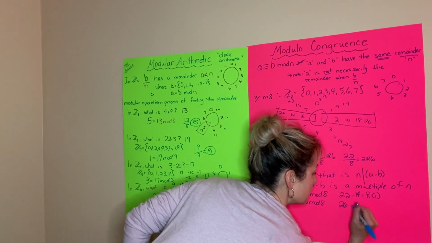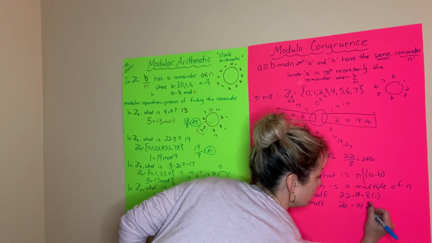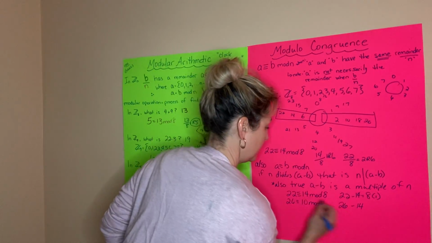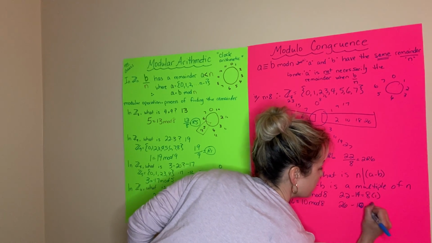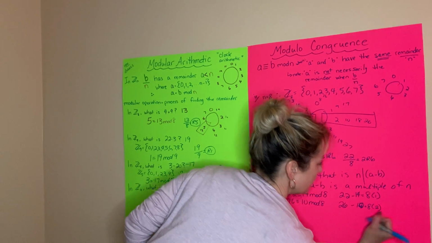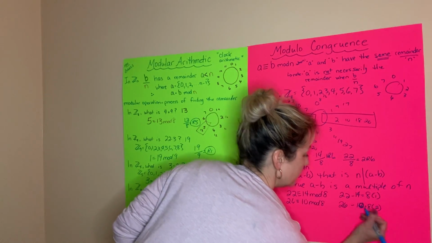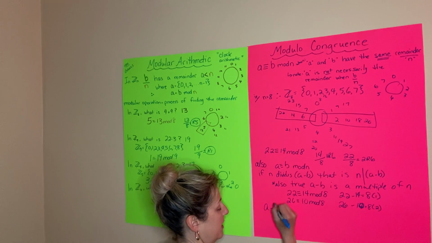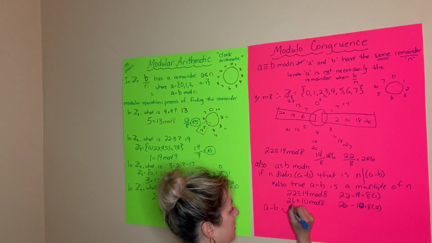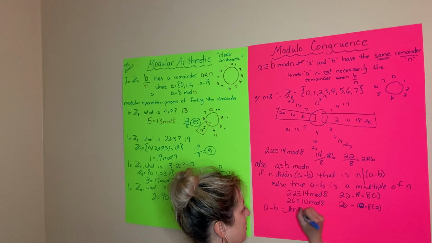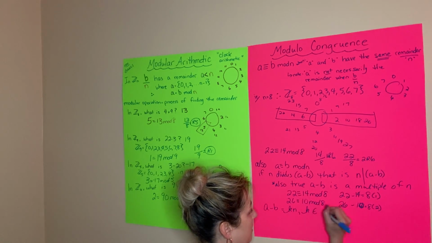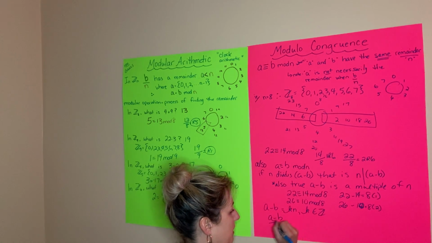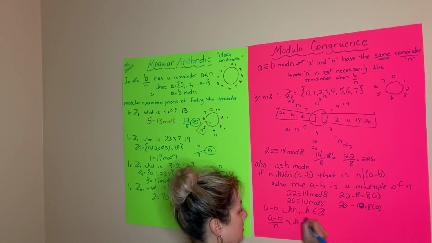So 26 minus 10, I knew there was something wrong there, is equal to 8 times 2, because it's 16. There you go. So I'm going to write down here that A minus B is equal to k times n, where k is an integer. So A minus B divided by n is equal to k.